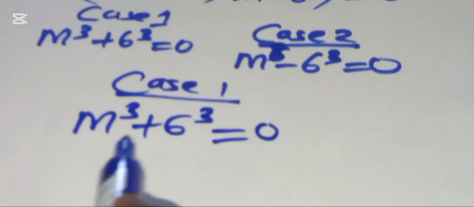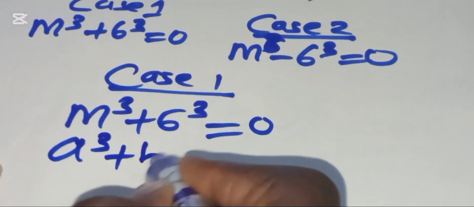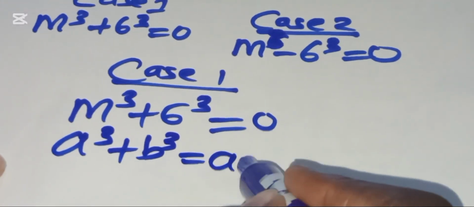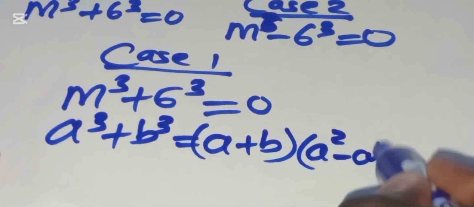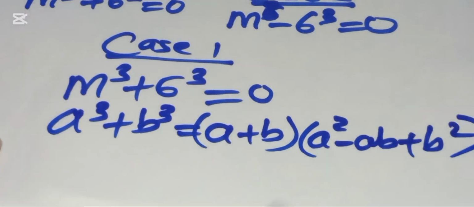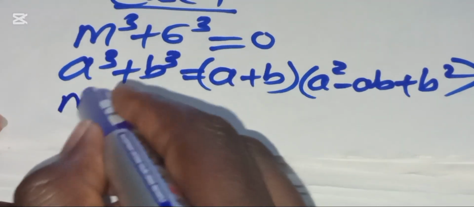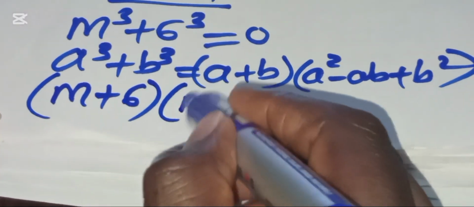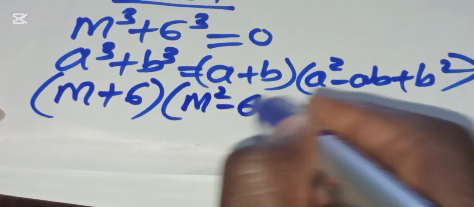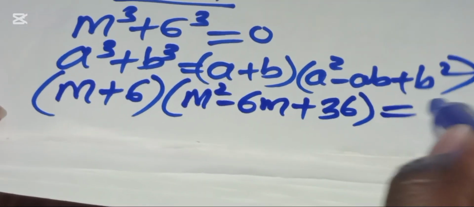Actually, this is in the form of a cubed plus b cubed, which you can express as a plus b times a squared minus ab plus b squared. So, applying this property, this is the same thing as m plus 6 times m squared minus 6m plus 36, equal to 0.